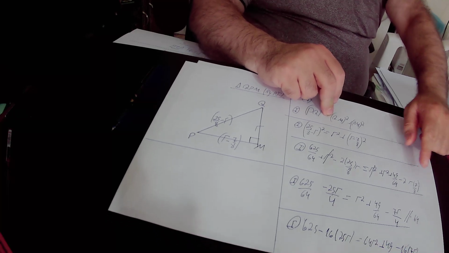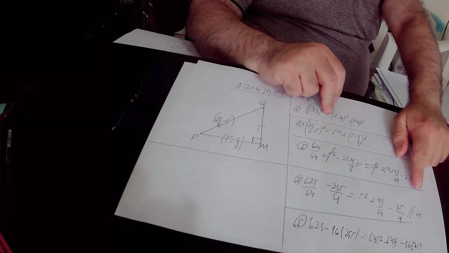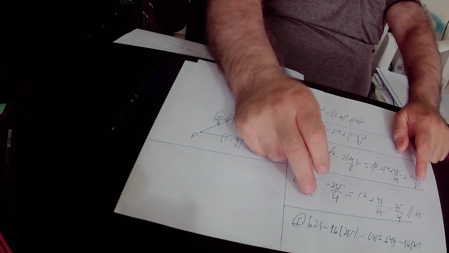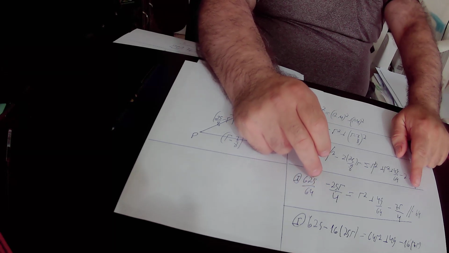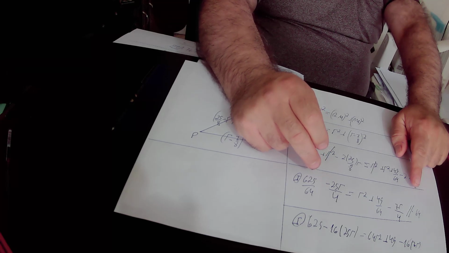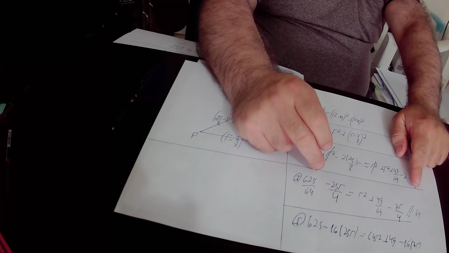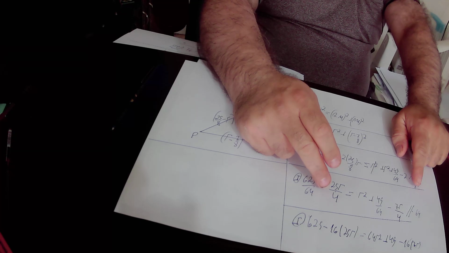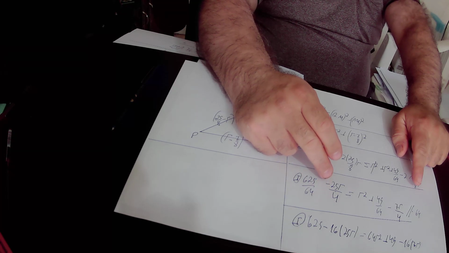We multiply this equation number 1 by 64. 625 times 64 over 64 is 625. Here we have minus 25r over 4 times 64. It is actually minus 64 over 4, that is minus 16, and it is also multiplied by 25r.